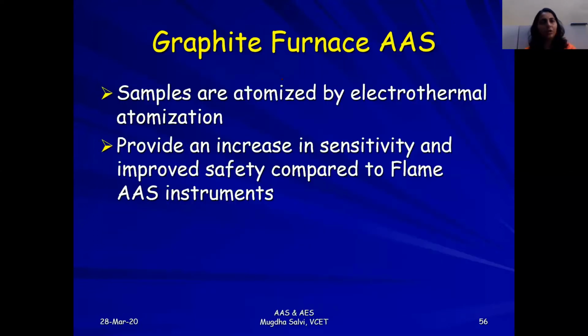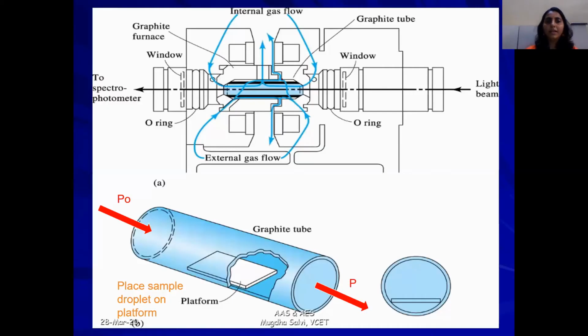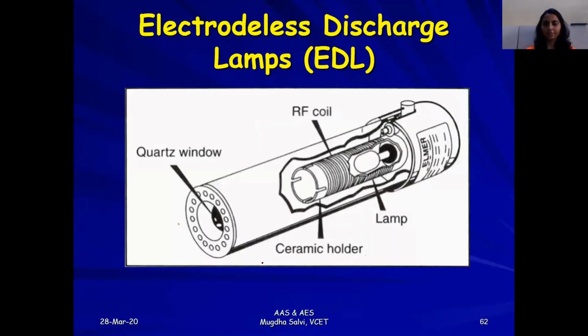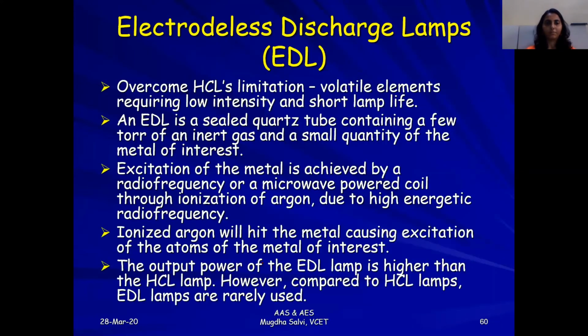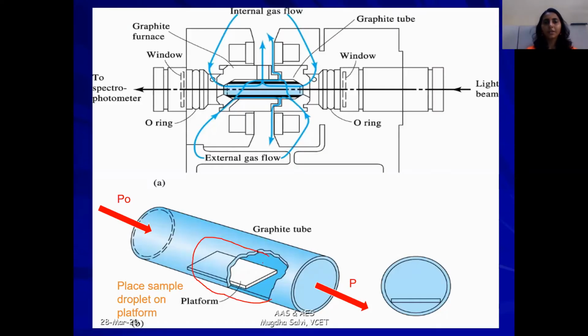Along with that, we could also have a graphite furnace. So what is a graphite furnace? Here you can observe, this is the platform on which the sample is placed, and this part is a hollow graphite tube.